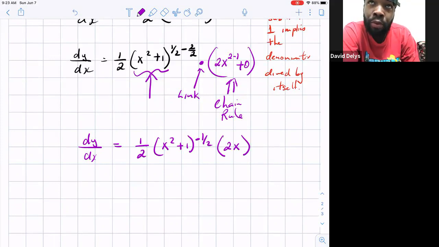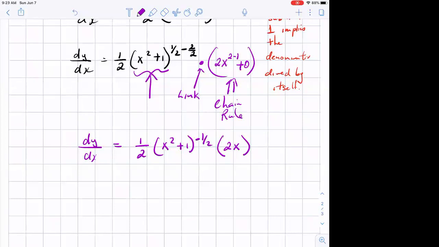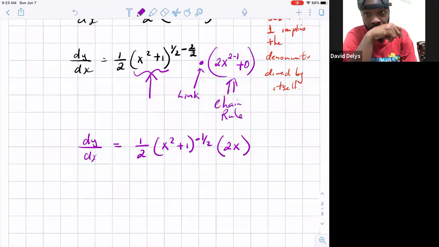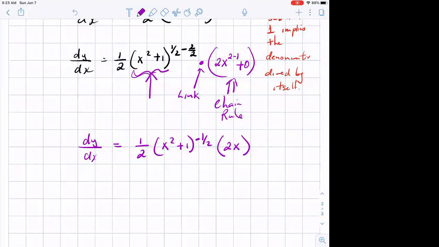For the chain rule, is it always multiplication when you're doing a chain rule, or could it also be addition and subtraction? No. It's always multiplication. Always. Okay, good. Thank you. It always times the derivative of what I call the inside. This I refer to as the inside here. This portion here is what we call the inside.